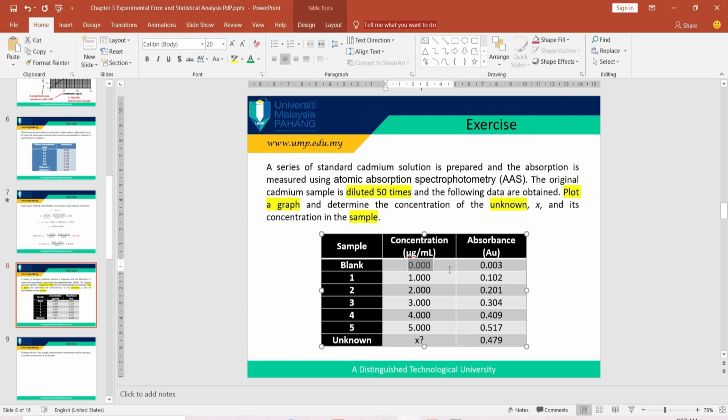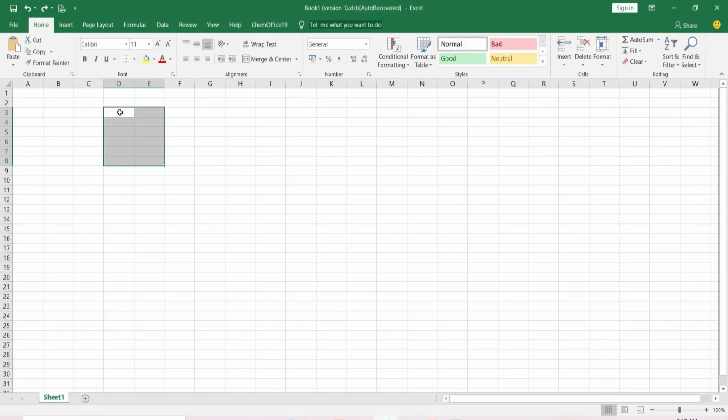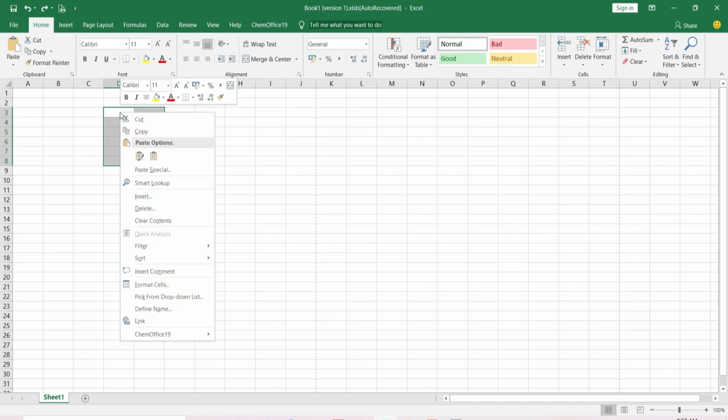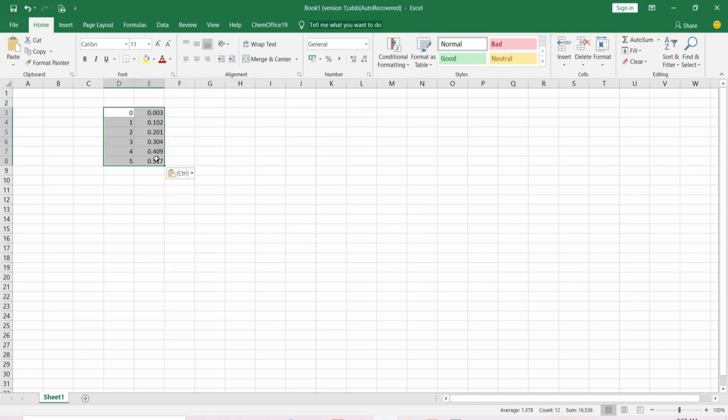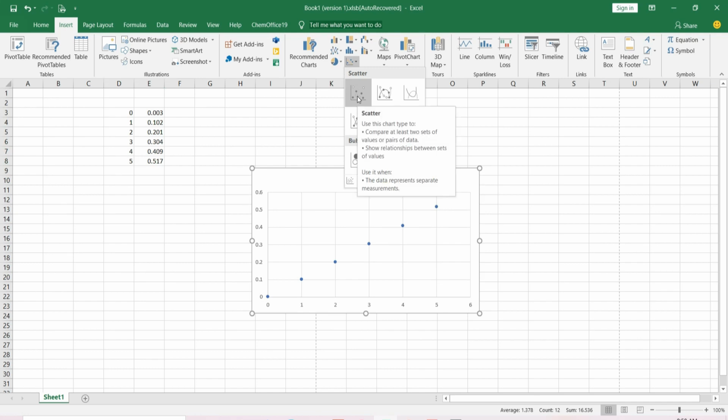First you need to copy the given concentration and absorbance, and then paste them in Excel. Then to plot the graph, go to the Insert tab up here and choose the type of graph that you want. In this case, we are going to use the scatter chart type.